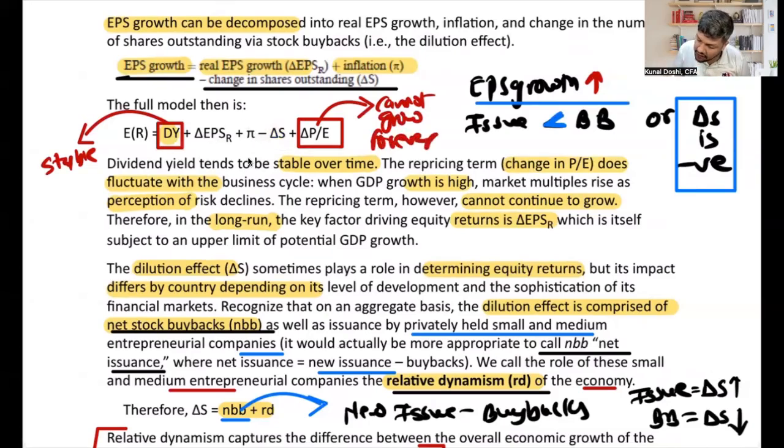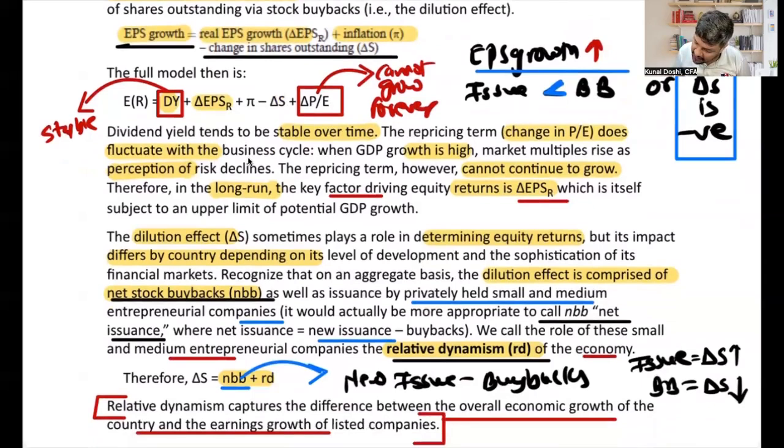So now, if you notice, the growth in the expected returns from the equity is dependent on the EPS growth rate. So the key factor driving the equity returns is the change in EPS. And when I say change, I mean the real change, that's what I'm more interested in. Correct? Which itself is subject to the upper limit of potential GDP growth rate. This is what we just discussed.